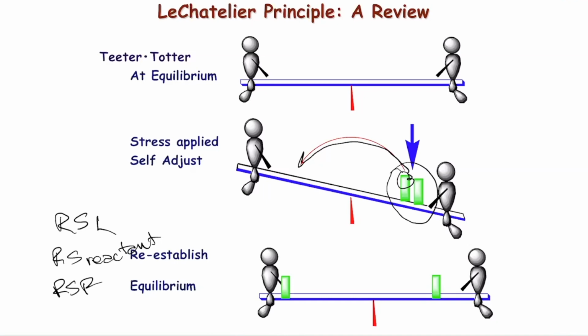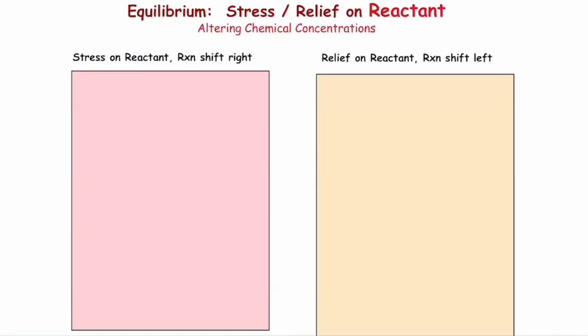If it shifts to the right, then we say RSR. Don't use reaction shifts to the reactant, or we spell out reactant. Or we favor the products. There are so many ways of saying that, but you just have to be clear in which direction the reaction is shifting.